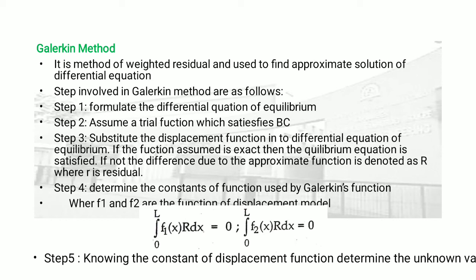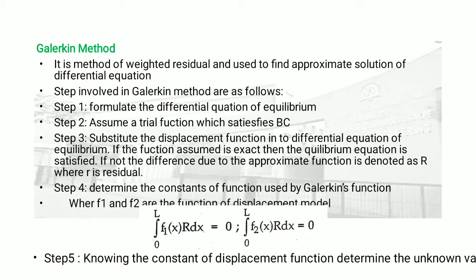Step 3, substitute the displacement function into the differential equation of equilibrium. If the function assumed is exact, then the equilibrium equation is satisfied. If not, then the difference due to the approximate function is denoted as R, called the residual.